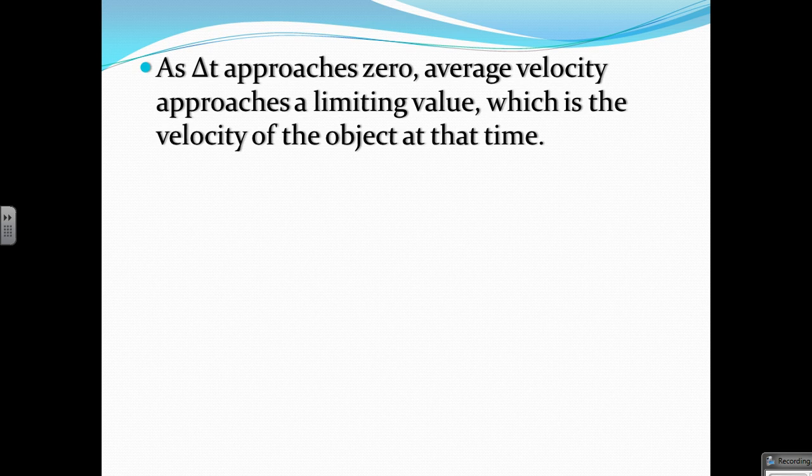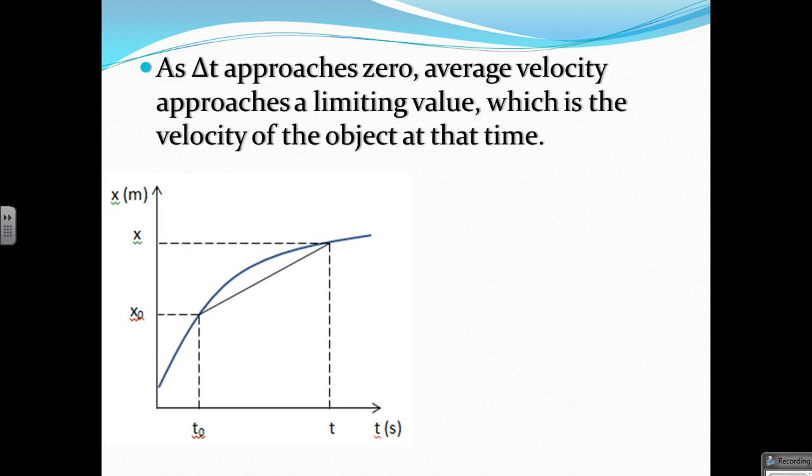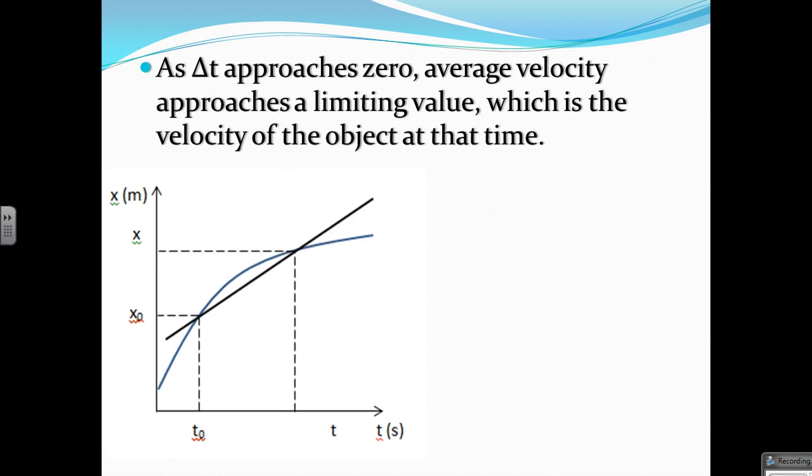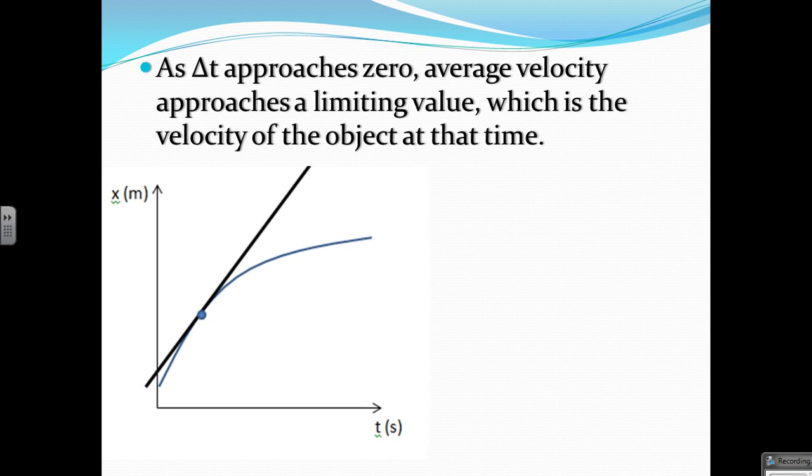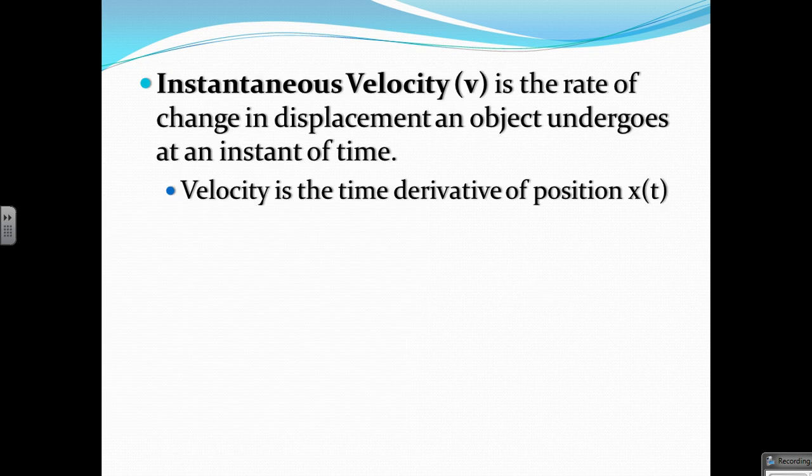However, if we were to take the time period and shrink it small enough, and here we have a large time period that you see on the screen, if I shrink the time so that my initial time and my final time get progressively closer together, you'll see that the secant line that's developed starts to approach a point, and when we get to that point where the change in time approaches 0, our change in x still has some value, and as those two values approach 0, the average velocity approaches what we would refer to as our instantaneous velocity.